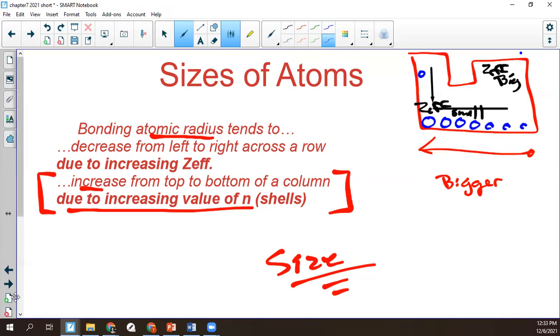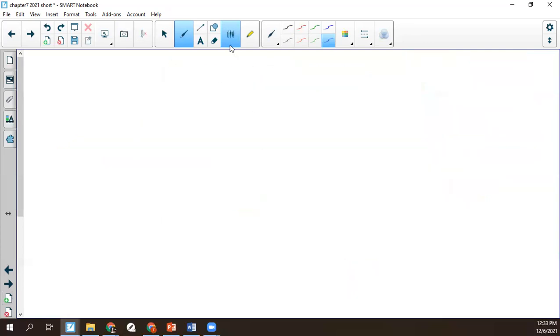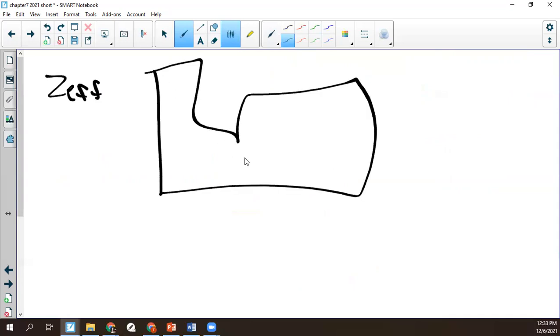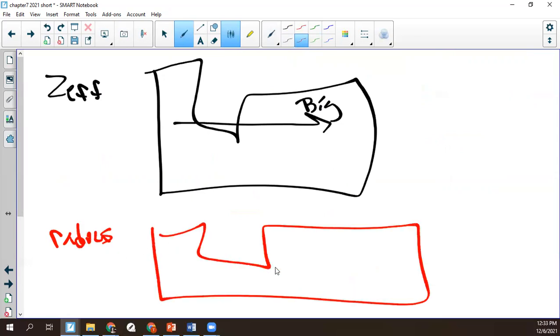So far, and you don't have to do this, but it could be helpful. So far, Zeff increases as I go this way, right? All right, that's one trend. Radius, it is large as we go here and we go here, right?